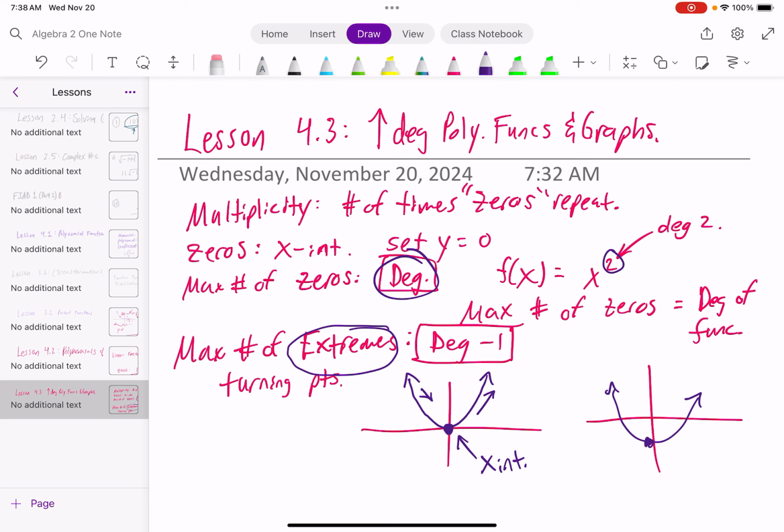So the number of extremes is the degree minus 1, which is 2 minus 1 is 1. And as you can see, it has one turning point, but it has 2 zeros. Again, zeros are x-intercepts. As you can see, it has two of them.